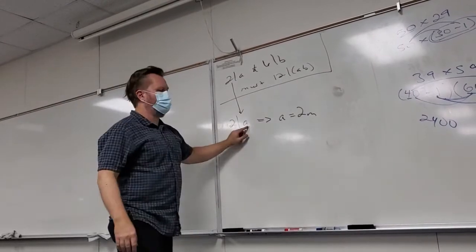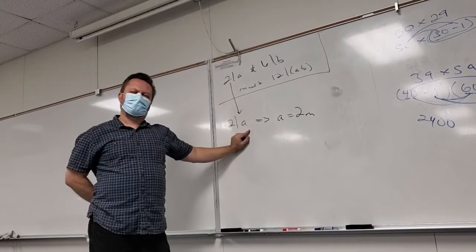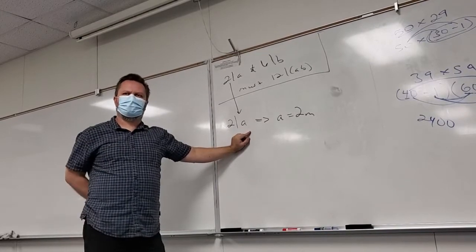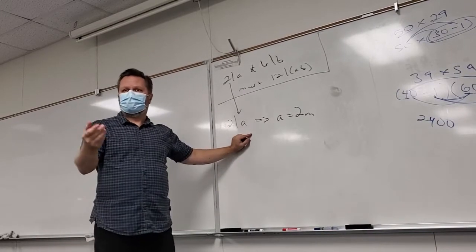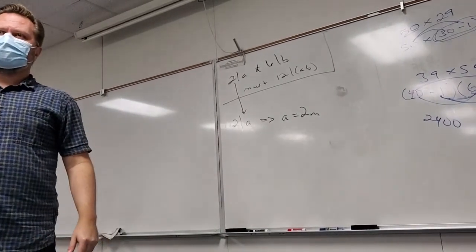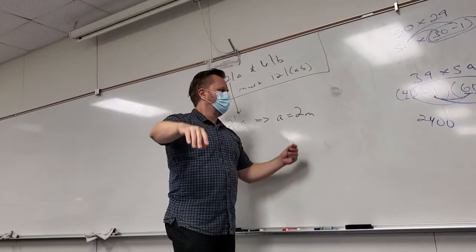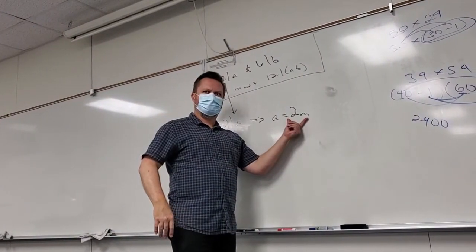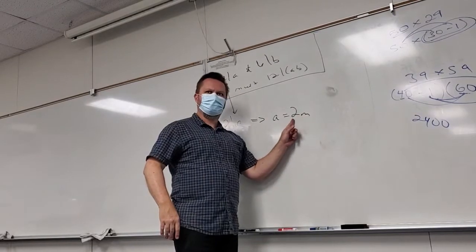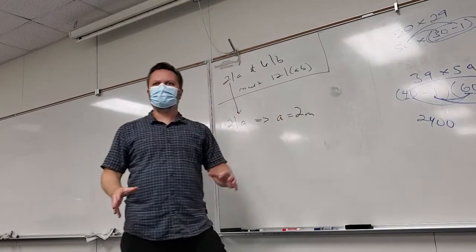Why did you pick A to be 2? Because I figured that 2 divides 2. Sure. What else could it have been? Could it have been a different number? 12. Could it have been 24? Yes. It could have been anything that was a multiple of 2. And it could have been anything with a multiple of 6. Isn't this a multiple of 2? 2 times some whole number is a multiple of 2, right?